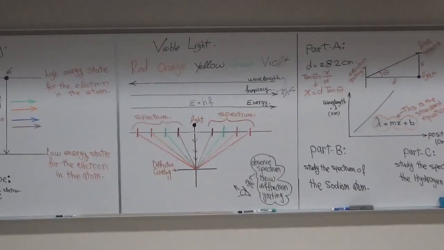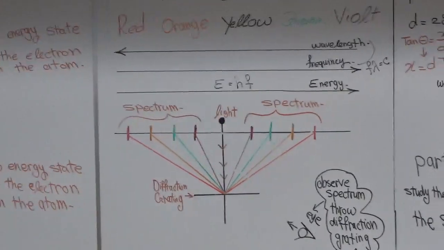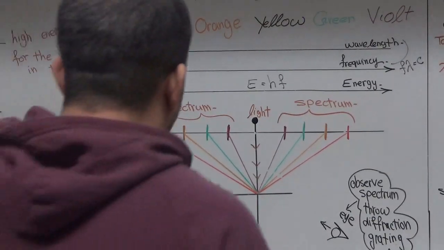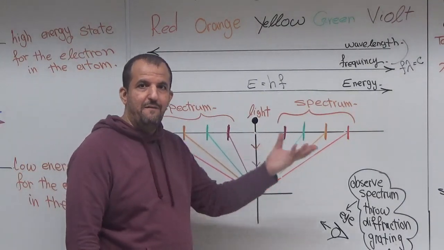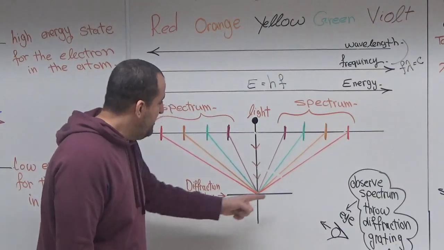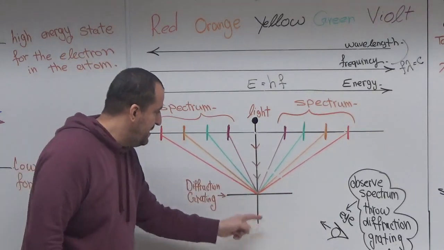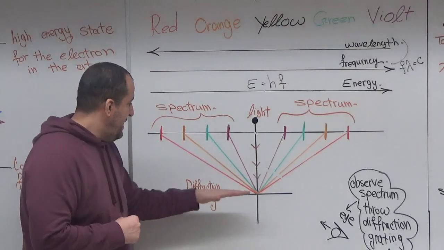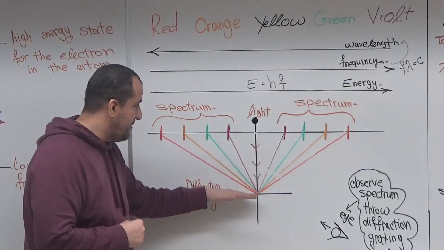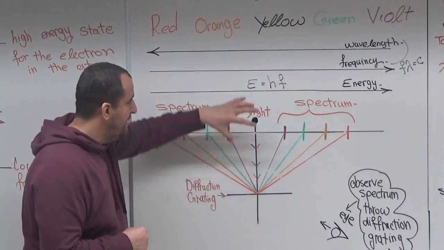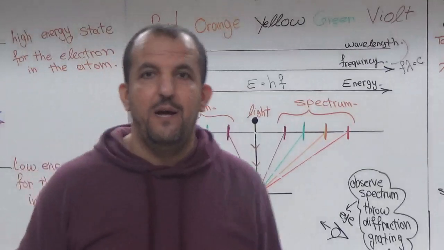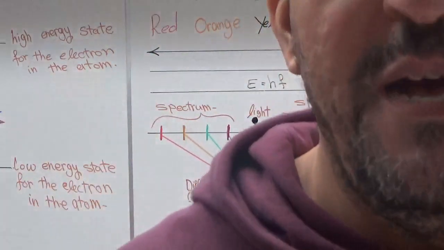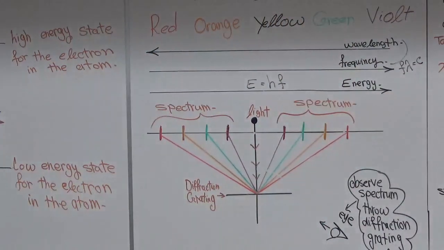Perfect. All of these are simple explanations, simple ideas that can help you to understand this topic. Now I will go a little bit closer, like this, and try to explain what will happen if we have a spectrometer. Here, guys, we have the spectrometer. Here we have the diffraction grating spectrometer, and we have a light source, which is the hydrogen light source that I showed you.